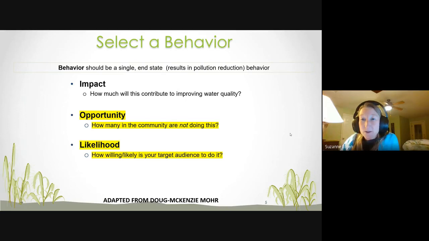Sometimes we have a thing that we really want to change, but you have to listen to your target audience and see what they want to change, what they are likely to change, and also what they are not already doing. So we had a group of stewards one time who really wanted to work on a fertilizer campaign, and they created this whole big elaborate thing to help their community stop fertilizing.